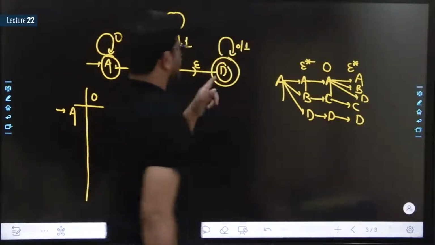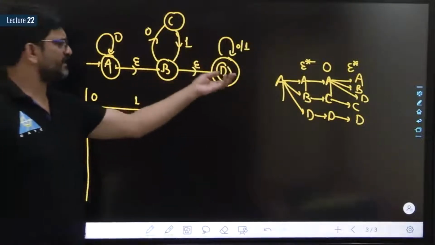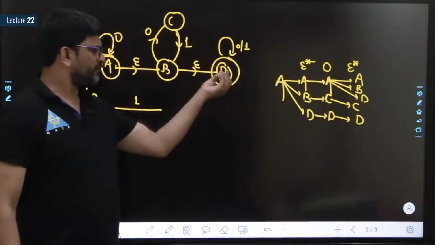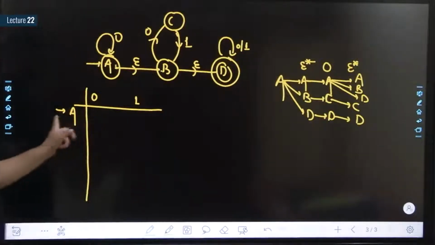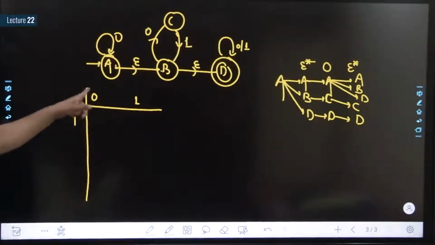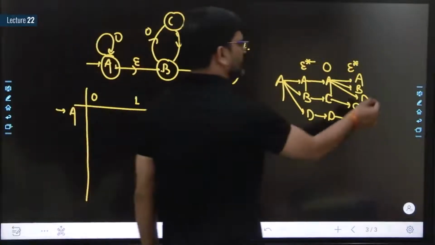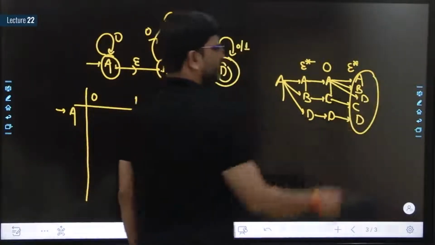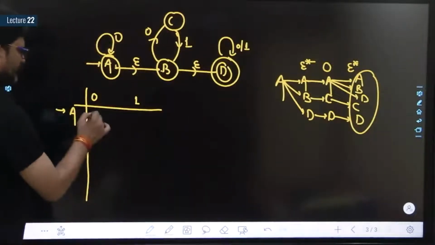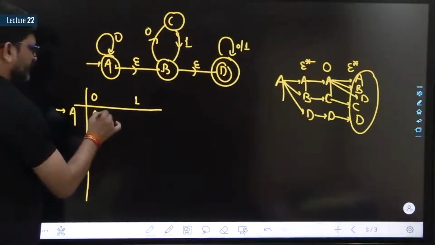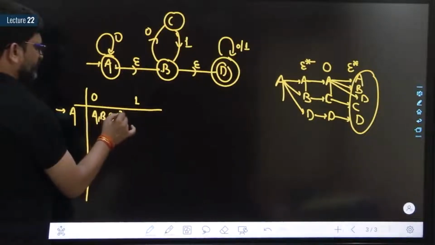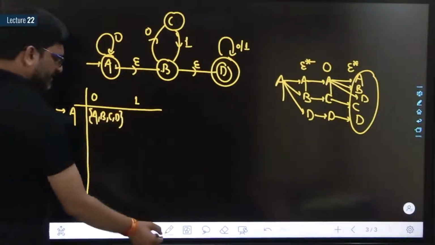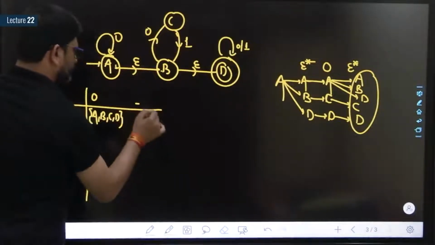Only D. We cannot reach another state from D reading epsilon. So what is the transition of A on 0? Union all these states: A, B, C, D. Clear?